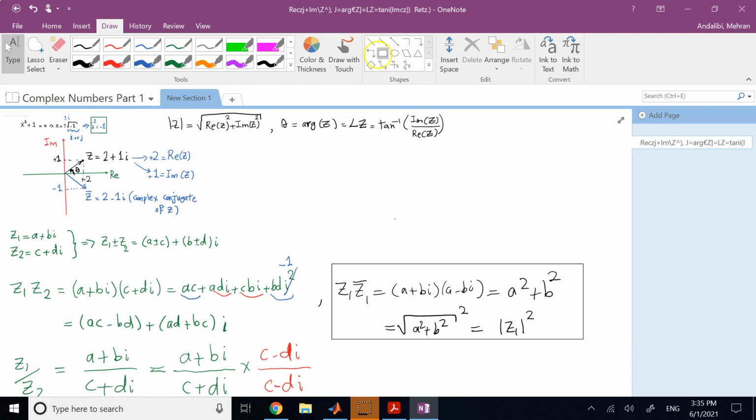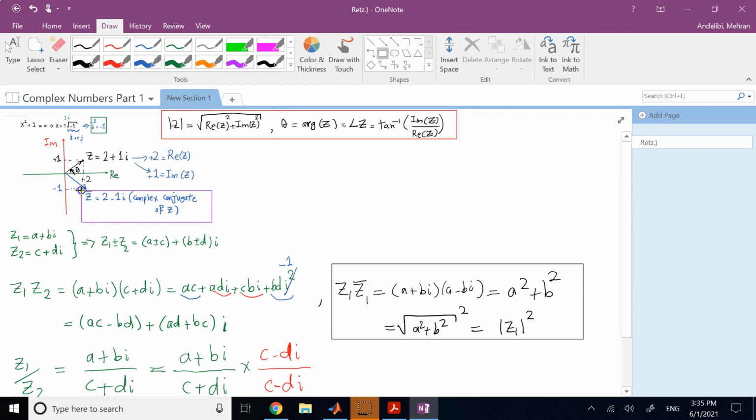Okay, so so far we had some basic definitions, and now it is time to take it to the next level.